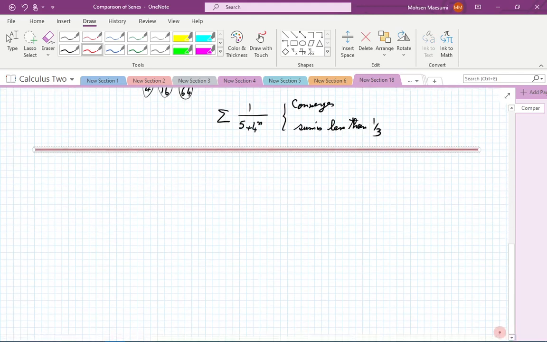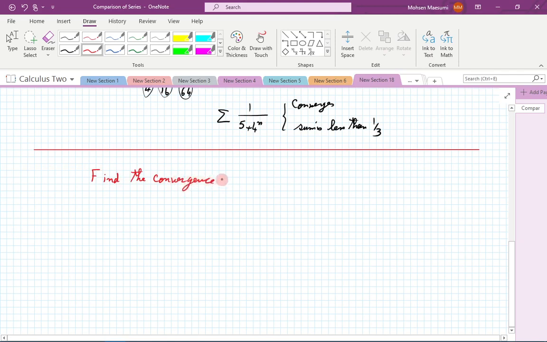Here's another example. Suppose I ask, find the convergence or divergence of 1 over radical n minus 1, and I'm adding from 2 to infinity.